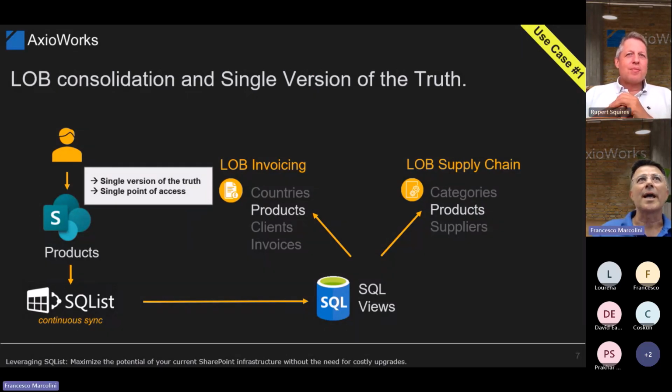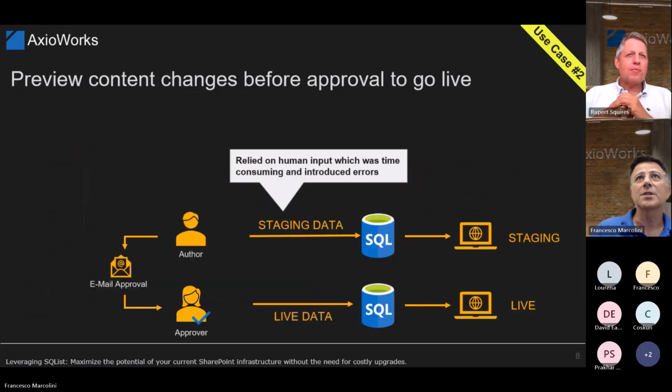Excellent. Okay, next demo. In this use case, these customers had a live website, and the content for this website was fed from data stored in a SQL Server. They also had a replica of the system for a staging website.